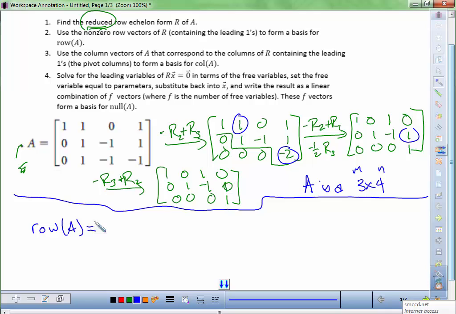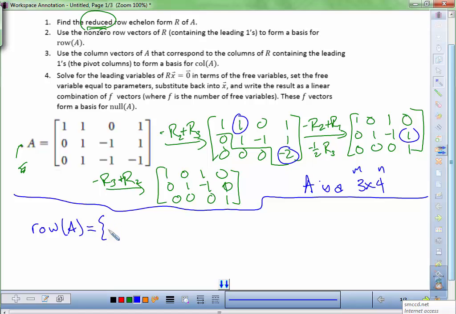If I take a look at the rows and imagine the rows as vectors, how many dimensions is that? We're in R4 is what I was trying to say. Each of these things is a 4-vector. But how many non-zero rows do I have? I have 3 non-zero rows.